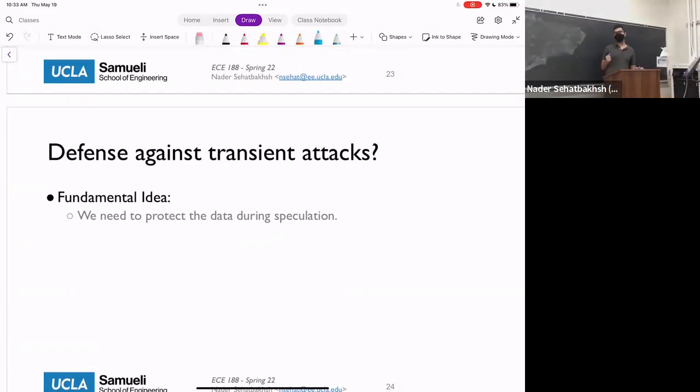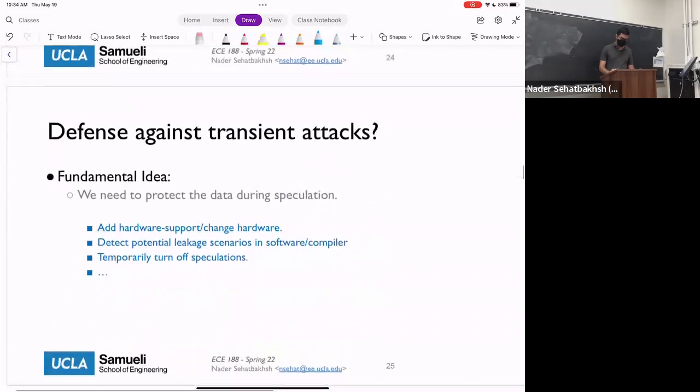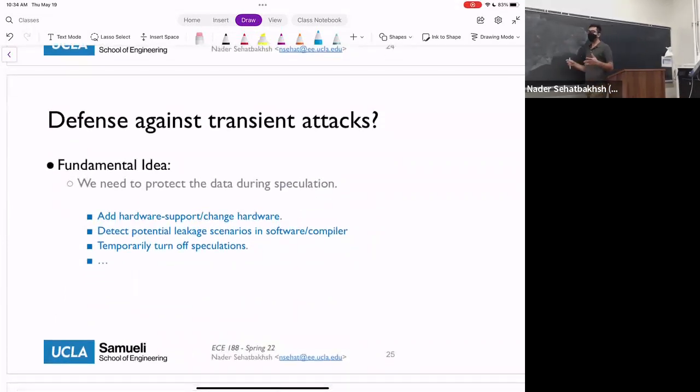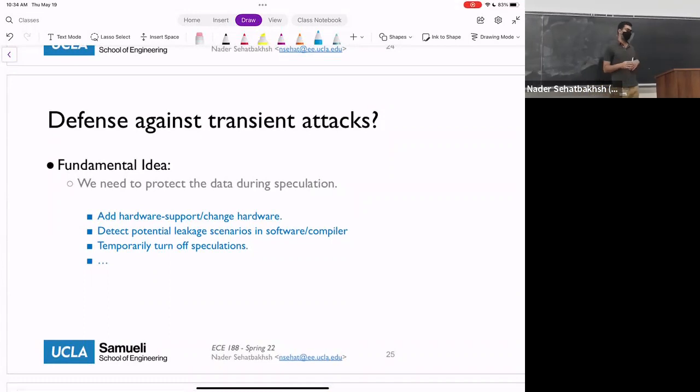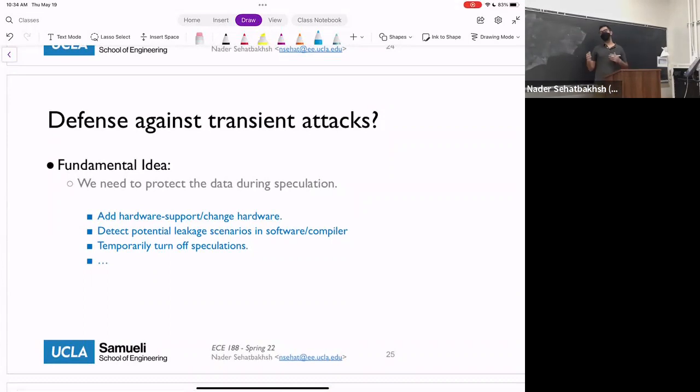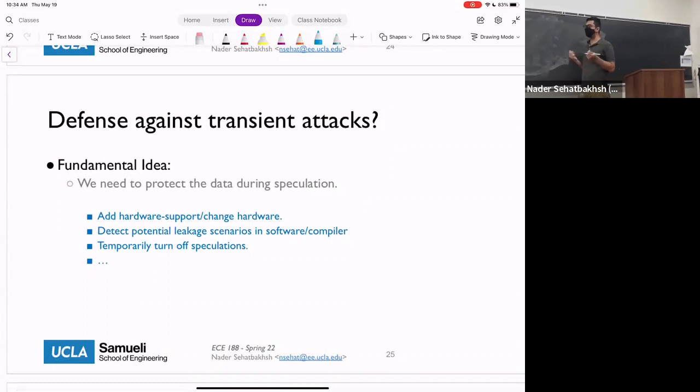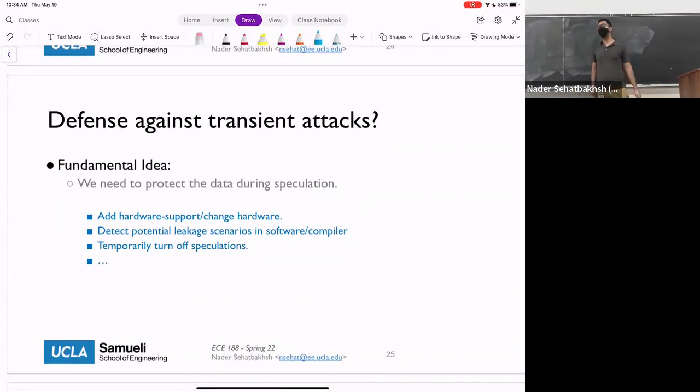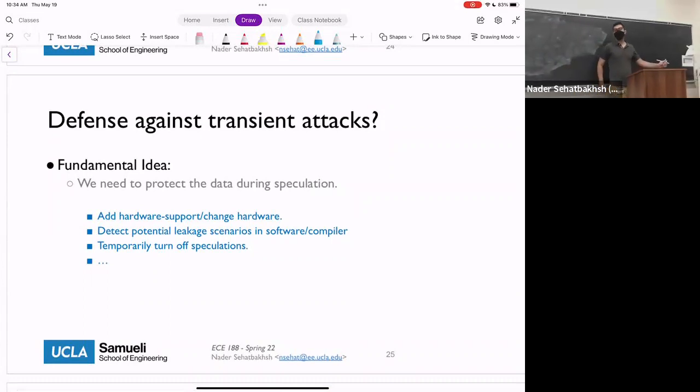And we need to either change the design such that the data is not brought to the cache, or if it is brought to the cache, maybe it goes into some private space and then goes back to the cache, and so on and so forth. These are generally the solutions that I just described: temporarily disabling speculation, detecting this sort of vulnerability in your code, or adding some sort of hardware support to your system such that it can, for example, prevent this. Okay. Any questions?